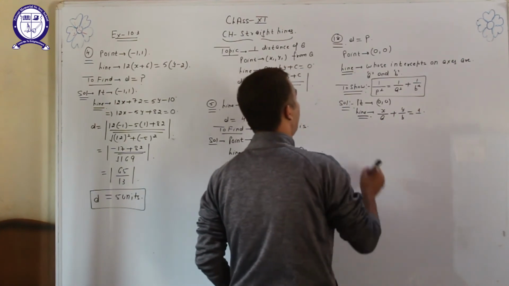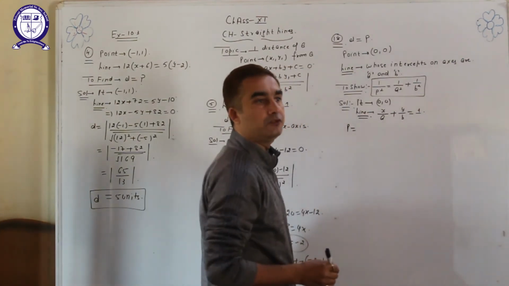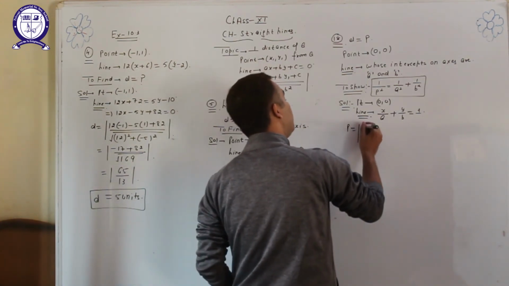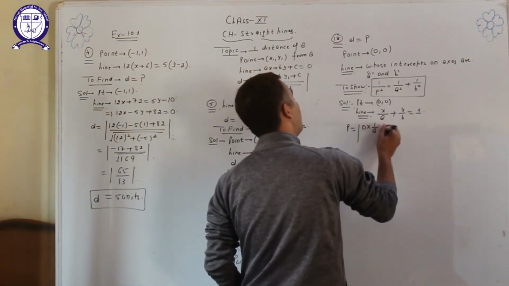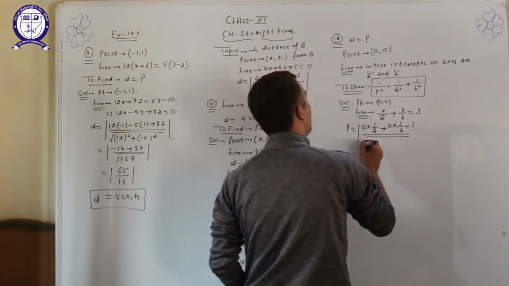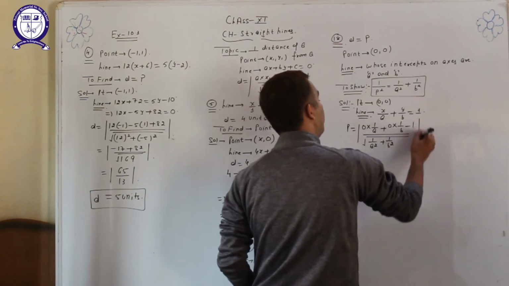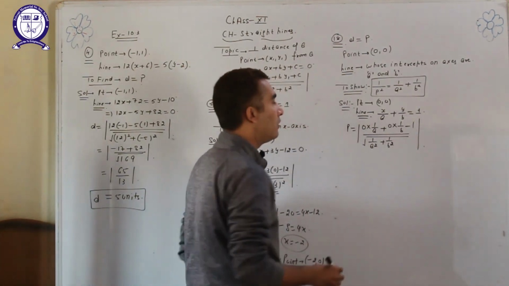Now apply the formula, that is D is equal to, as D is available to you, that is P is equal to put point in equation of line upon under root coefficient with x, coefficient with y, its square whole under root.